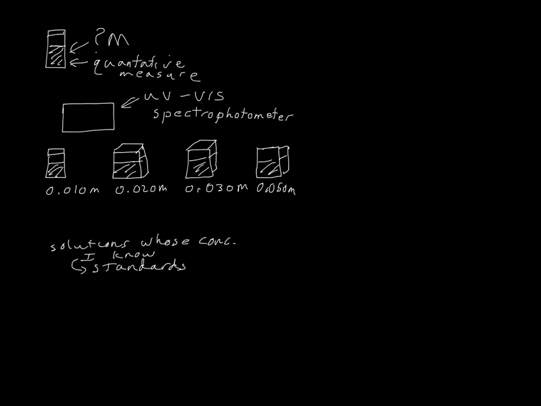I would then plot a graph of the absorbance versus those standard concentrations. And I'd use that plot of absorbance versus concentration of those 4 standard samples I took to plot a line.